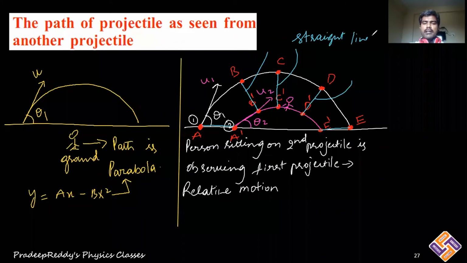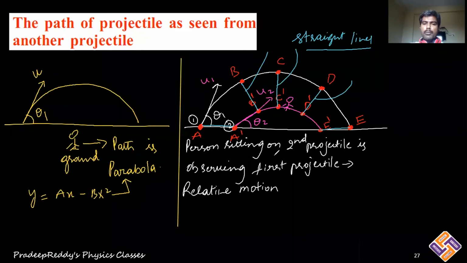So when the first projectile is coming to position B, the second one is not at A', the second one is also coming at B'. Therefore, for the second projectile, the first projectile appears to be traveling in the form of a straight line.